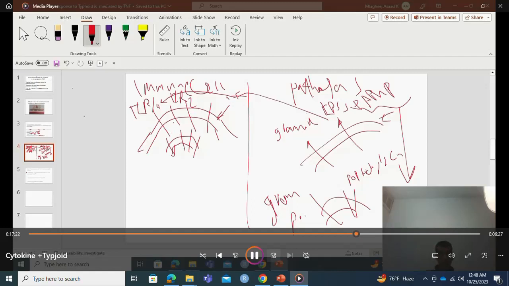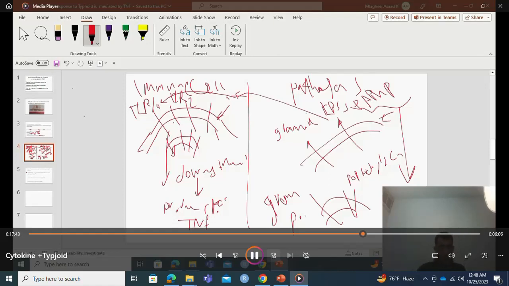Once activated, the downstream pathway leads to producing the specific cytokine called TNF.